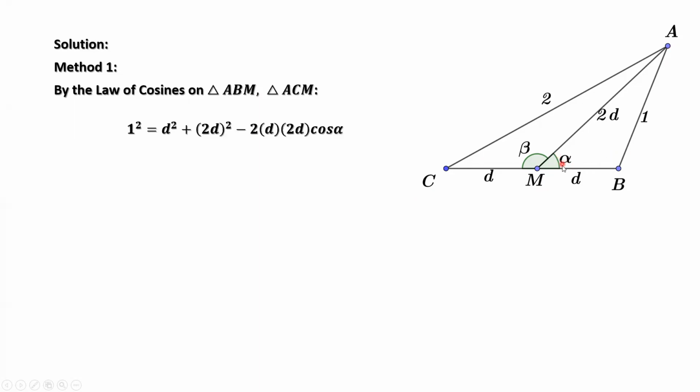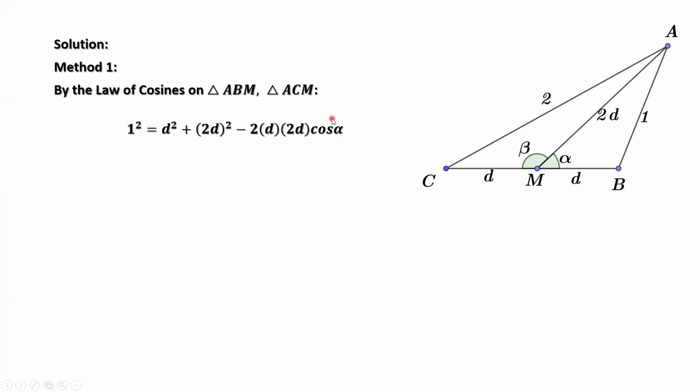We mark this angle as alpha. Its opposite side is 1. By the law of cosine, we have 1 squared equals d squared plus 2d squared minus 2 times d times 2d times cosine of this angle, which is alpha.